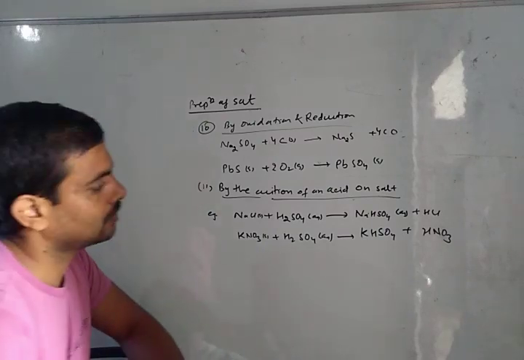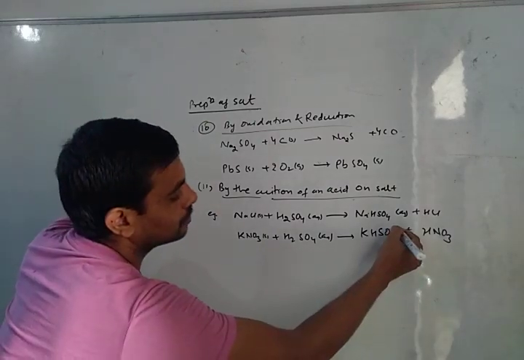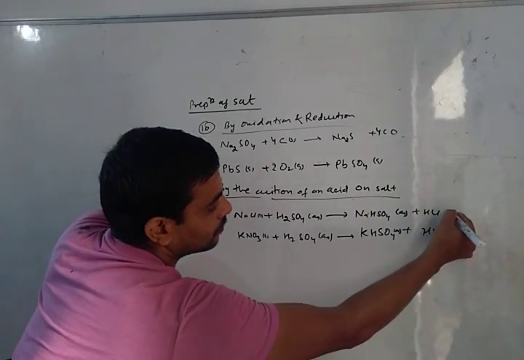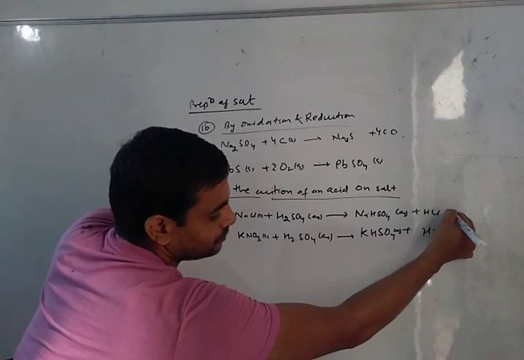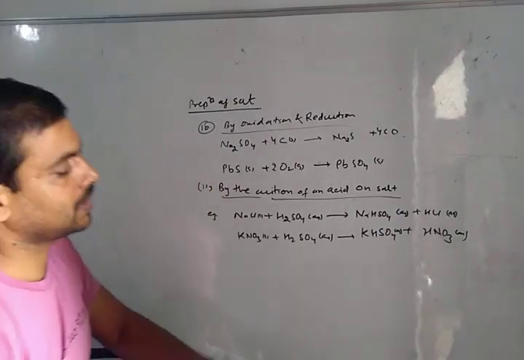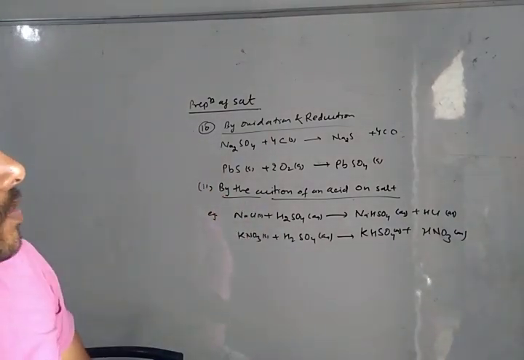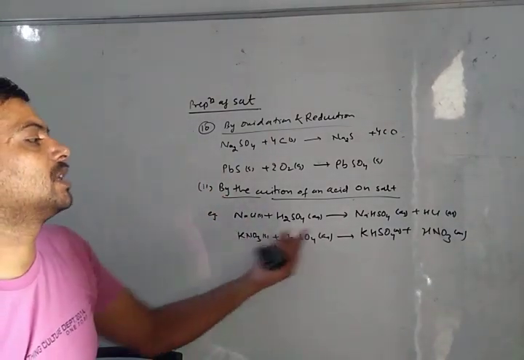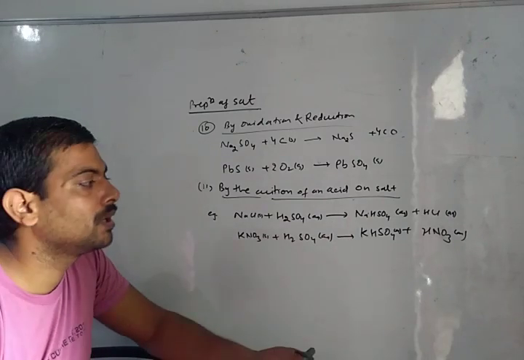This is what we are talking about. This is the process by which we can understand how the action of an acid on salt gives another salt or a different kind of salt.